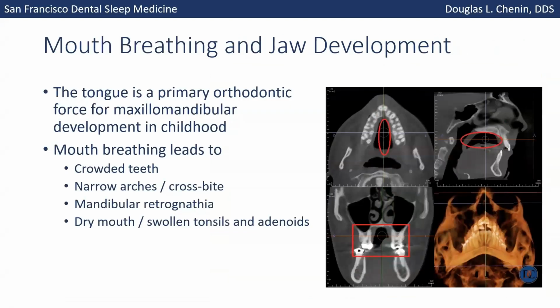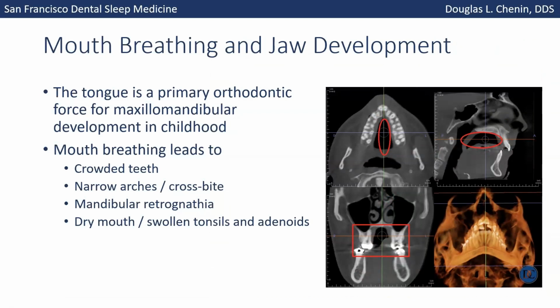So this is another interesting point. This might be kind of a neat thing for some people if you haven't been exposed to this, but mouth breathing and jaw development is really the heart of why most people have sleep apnea. Early on in life, if you can't breathe through your nose, and you're breathing through your mouth, your tongue is now down and back, and it's not pushing the jaws forward and wider.